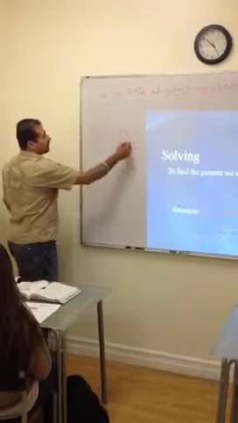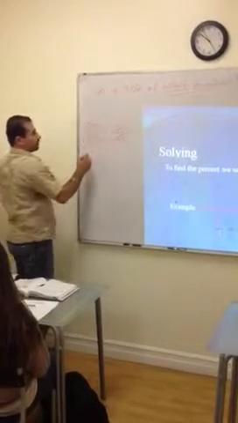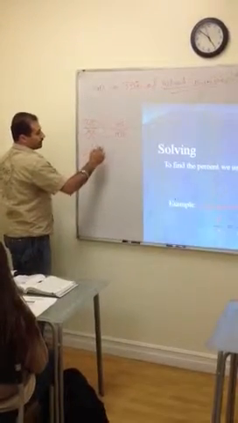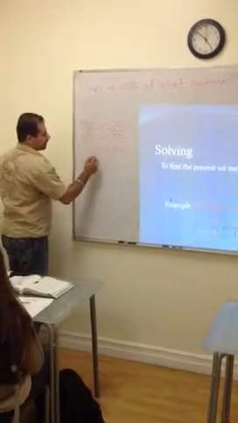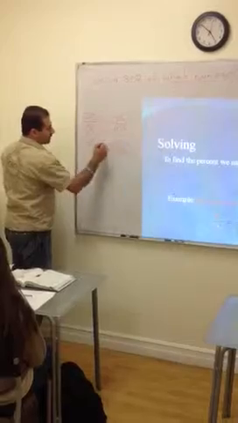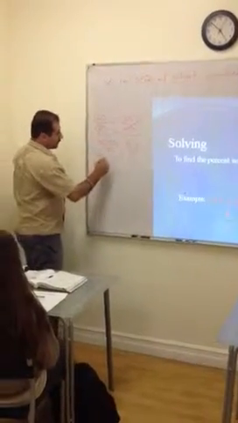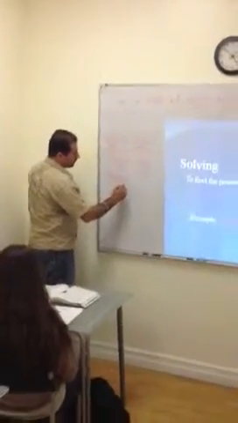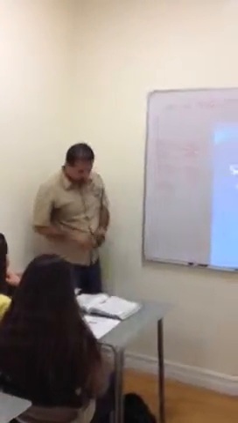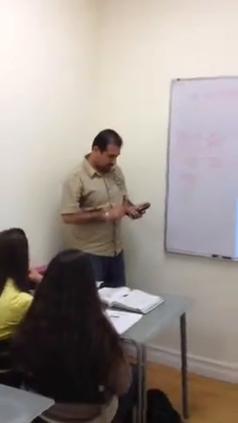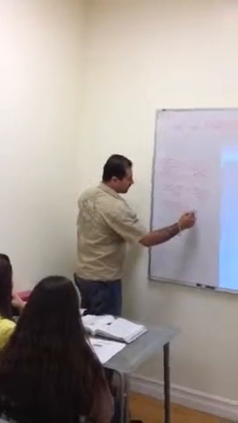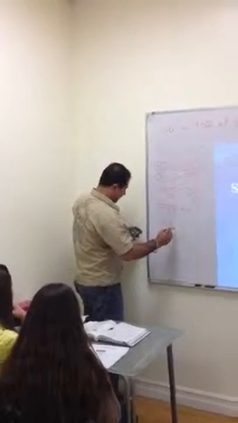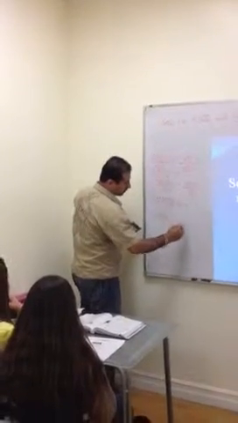So now, again, to solve the proportion, we do what? 40 times 100 equals 35 times x. So we divide both sides by 35. That gives us 4,000 divided by 35, which is approximately 114.2.